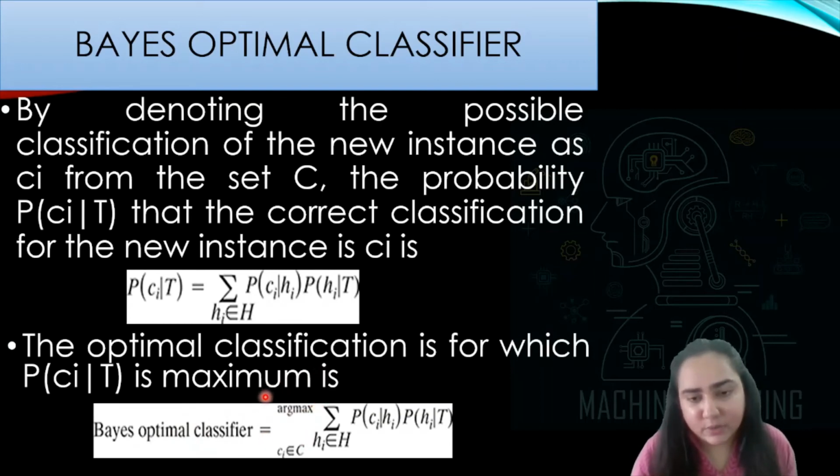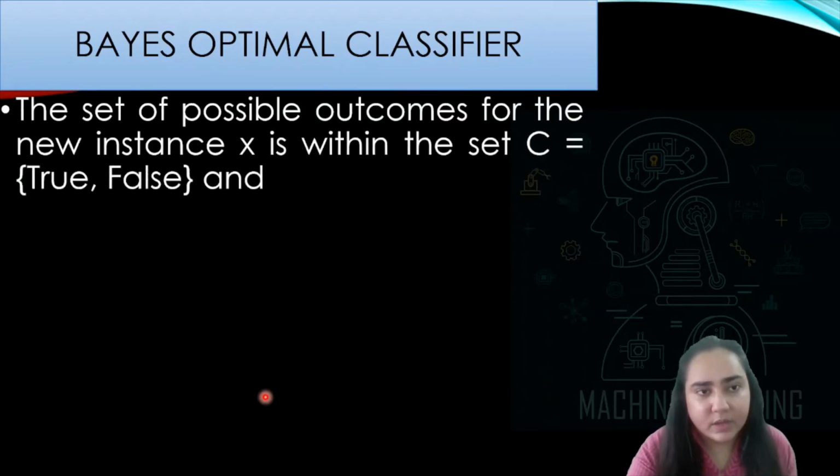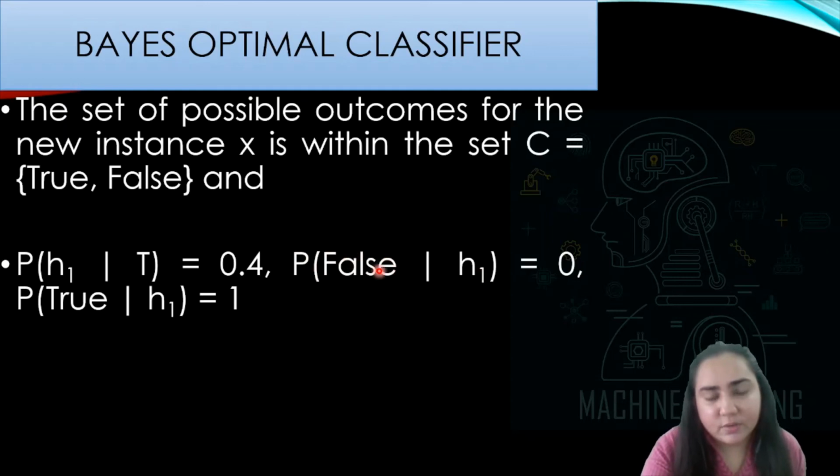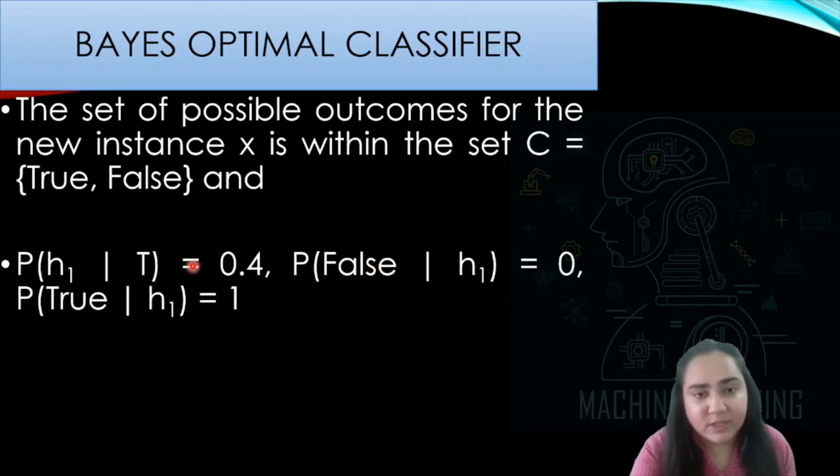Because we have 3 hypotheses and all of them are not equally probable. We are given their posterior probabilities. So we have to find out whose opinion matters more. Okay. Now, what are the set of possible outcomes? So you can say this is the first outcome, that for H1, the probability of h1 given T is equal to 0.4, where the probability that this is false is 0, but the probability that this is true is 1, because that's what h1 is saying, it is true.